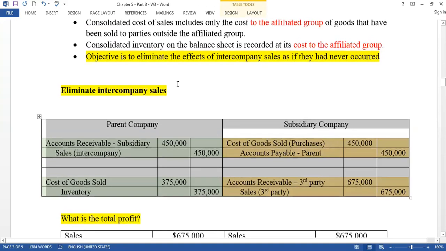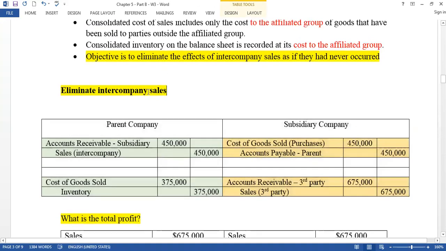If you don't know this, it is very difficult for you to record closing entries. So first, this example says the parent company sells inventory to the subsidiary, or the subsidiary company sells inventory to the parent, it doesn't matter.